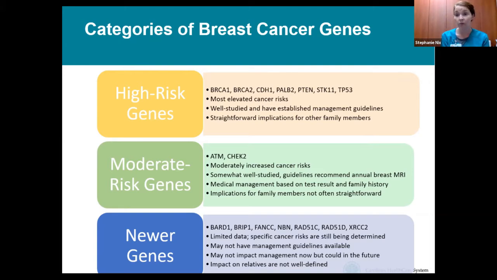And then we have a list of newer genes that there may not even be any specific management guidelines available. We may not have any recommendations for family member testing, but testing is still offered to family members to see if they carry the same variation. But we really go back to the family history to guide us.